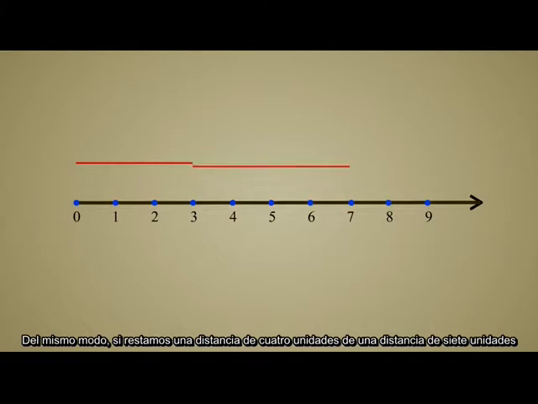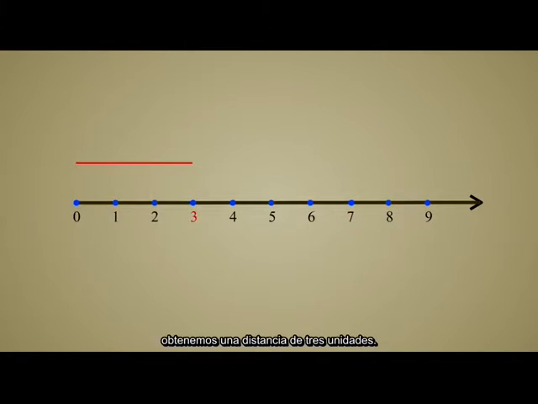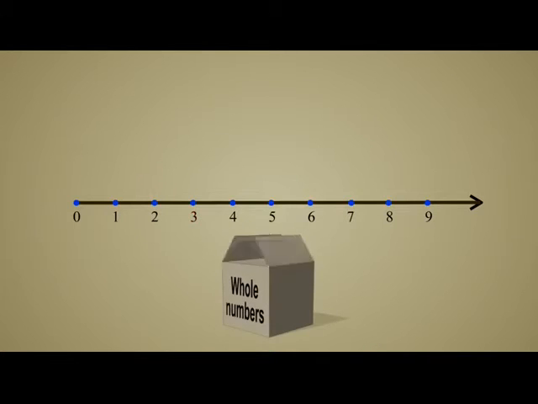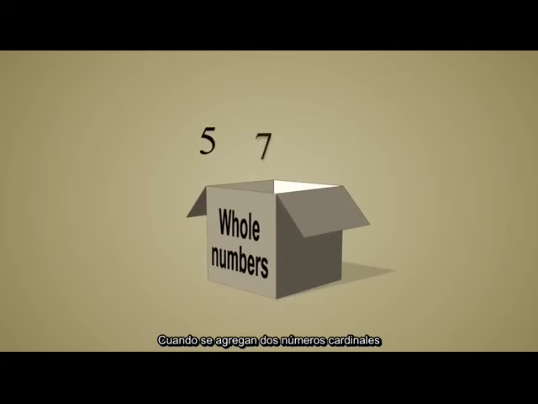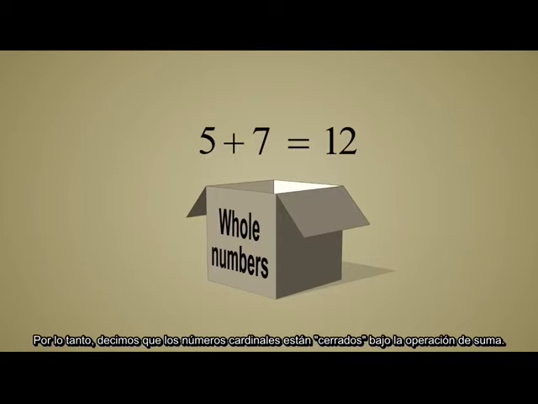Likewise, if we subtract a distance of 4 units from a distance of 7 units, we get a distance of 3 units. When any 2 whole numbers are added, we always get another whole number. Therefore, we say the whole numbers are closed under the operation of addition.